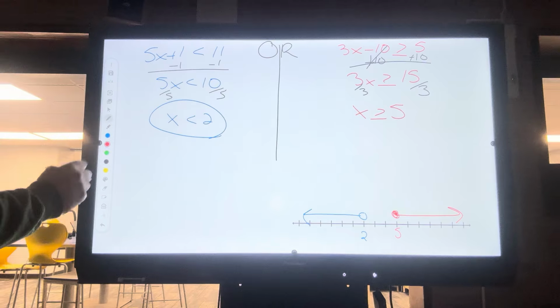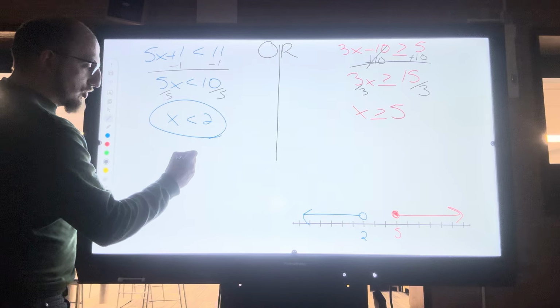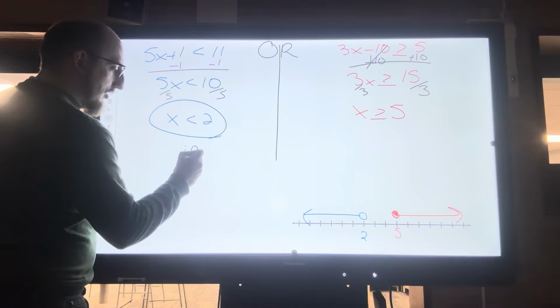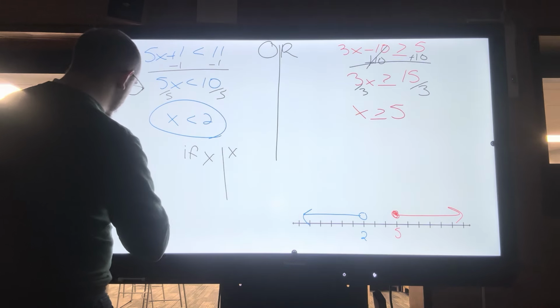So if I plug in some numbers, let's see if it works. I'm going to make a little chart.